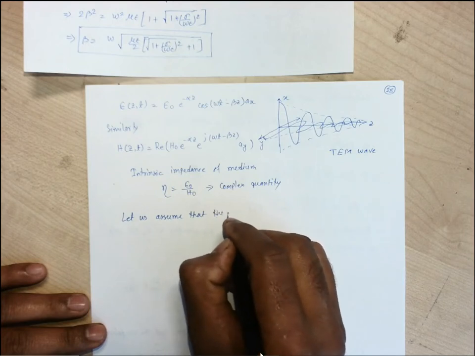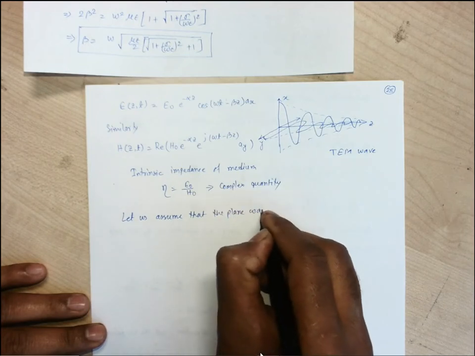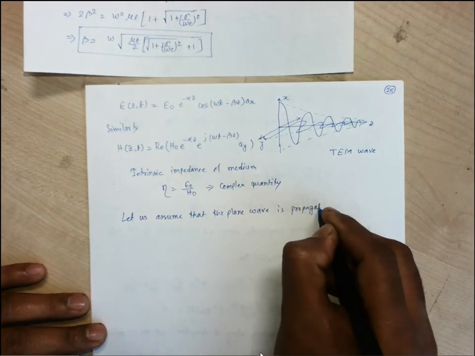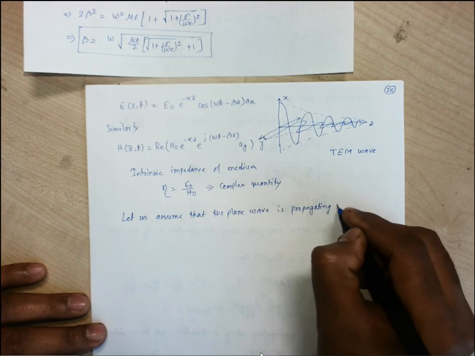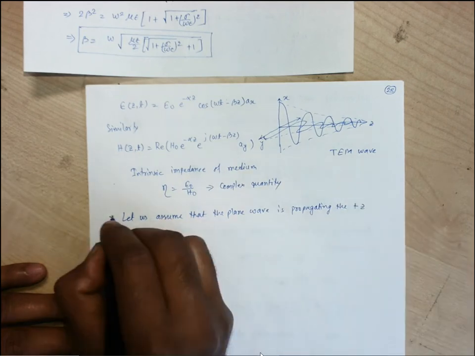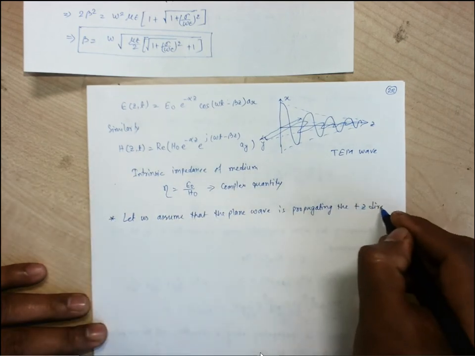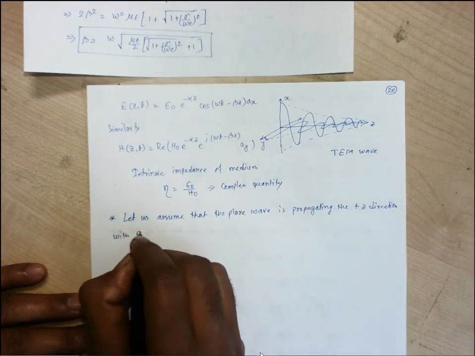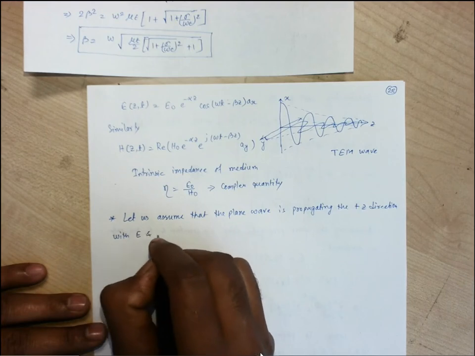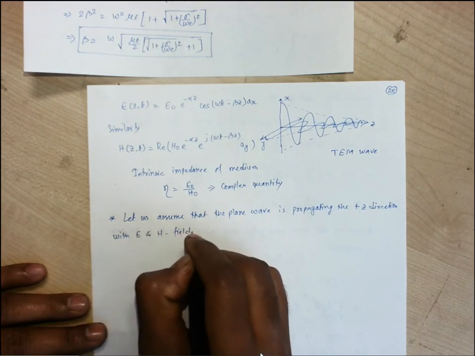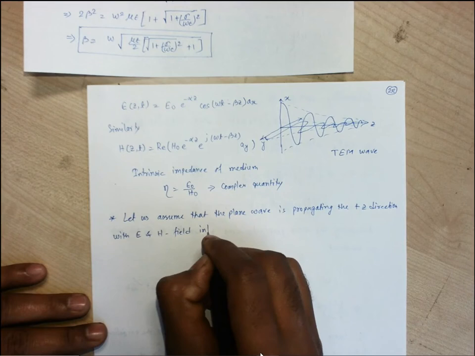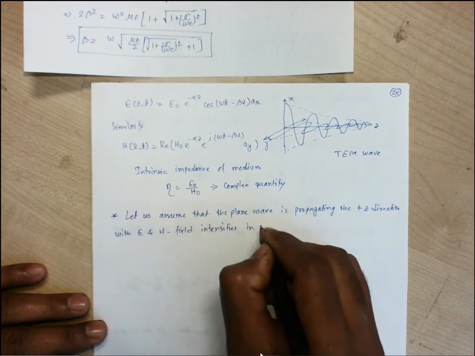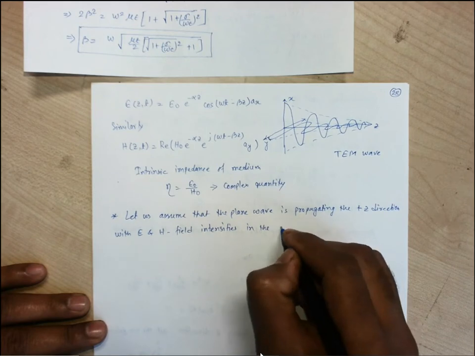The plane wave is propagating in the plus z direction with E and H field intensities in the x and y direction respectively.